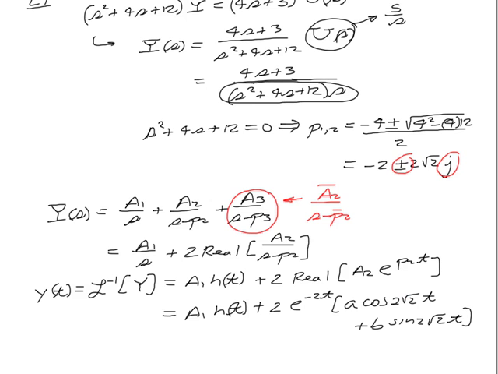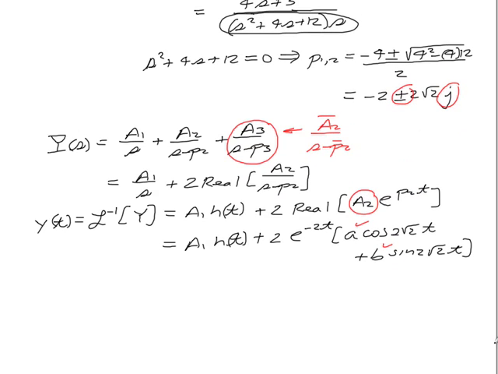I mean, you can always go through the process of finding a2 up here, multiplying out, keep only the real part, and whatever is left is a and b. But the one I really want to look at here is a1.